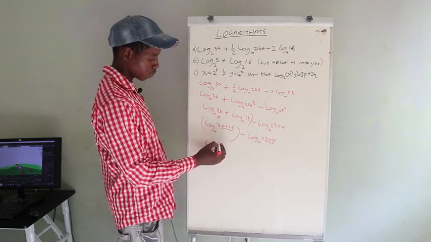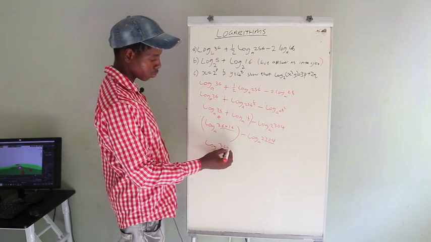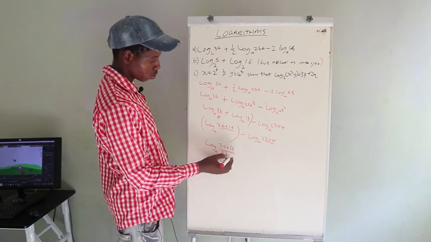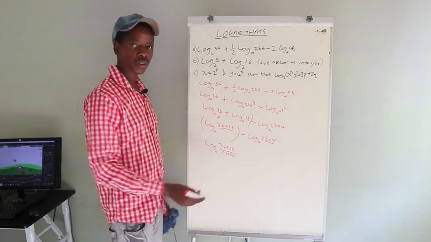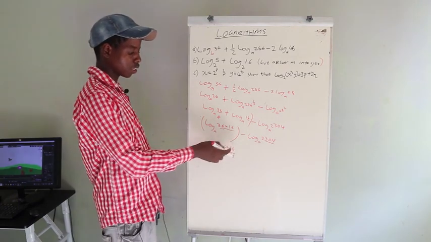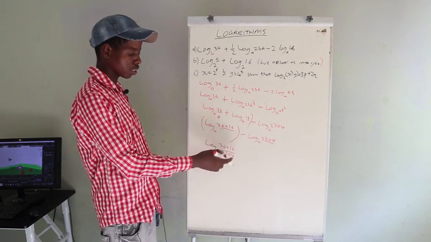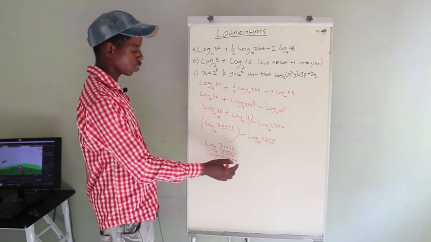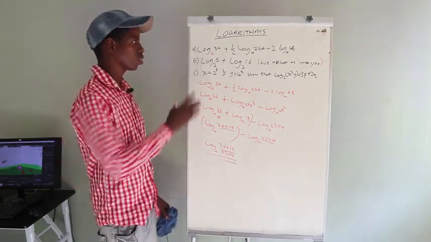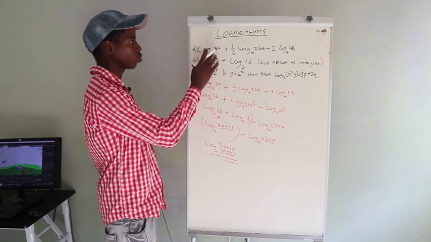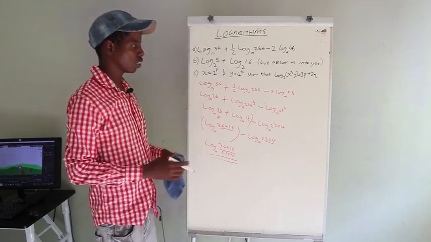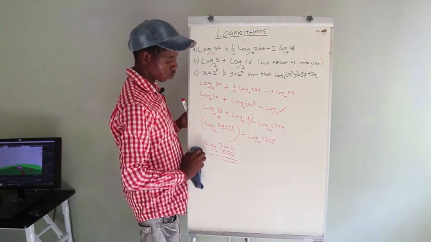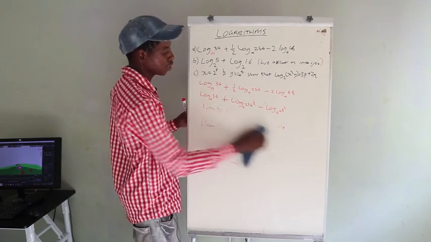It's going to be log_a of 36 times 16 over 2304. You can press the calculator: 36 times 16 divided by 2304. That will be your answer. So we are done with A. So this was log_a. I don't know why I keep writing log_b. So I'm done with A.